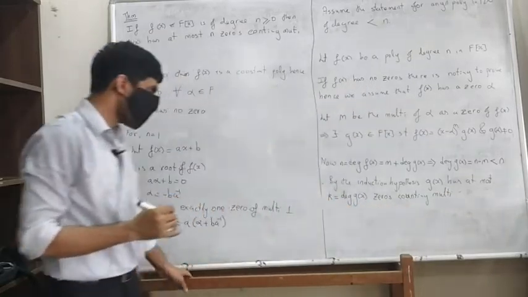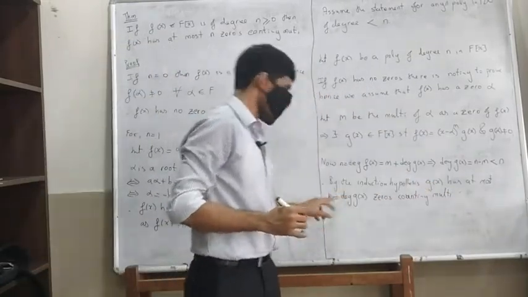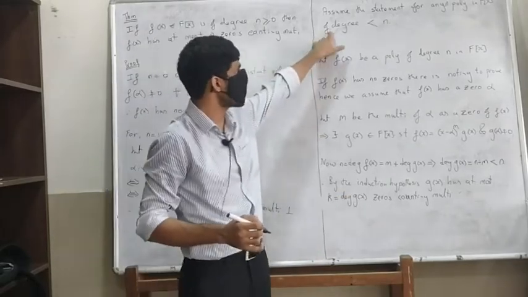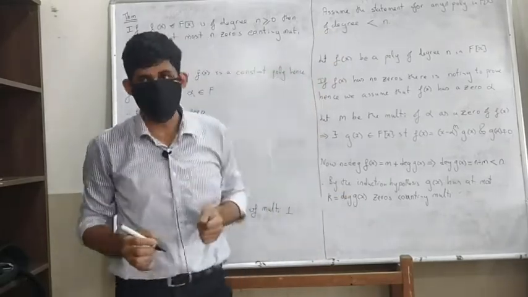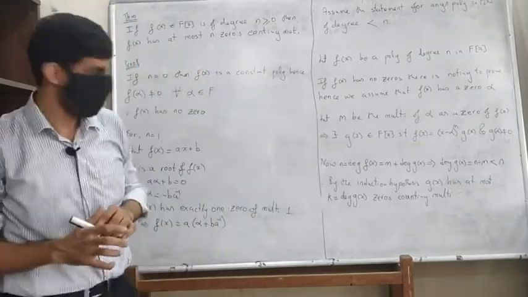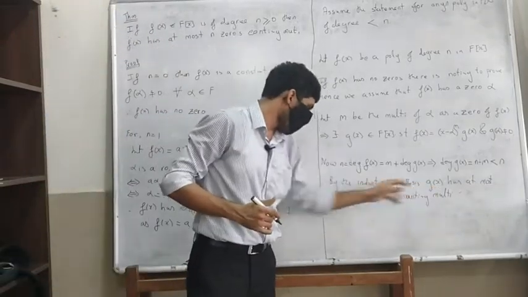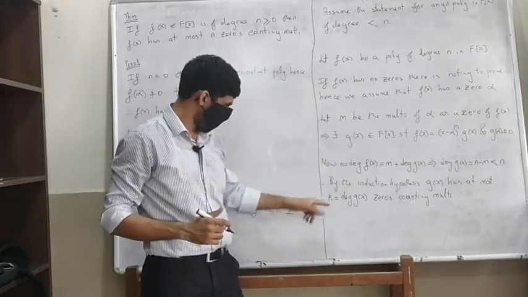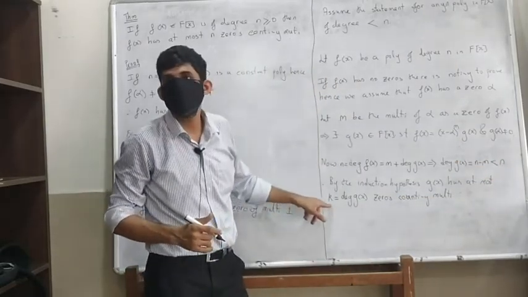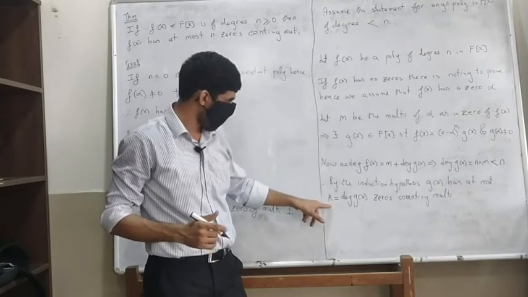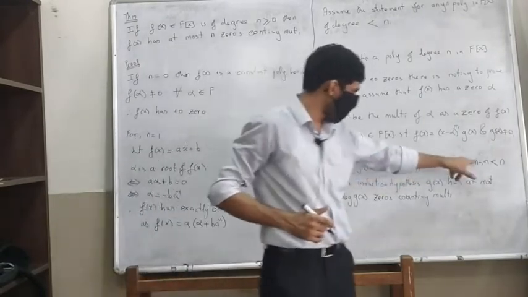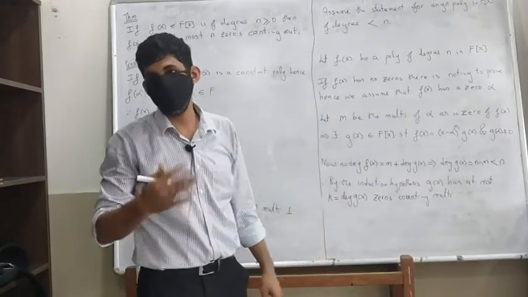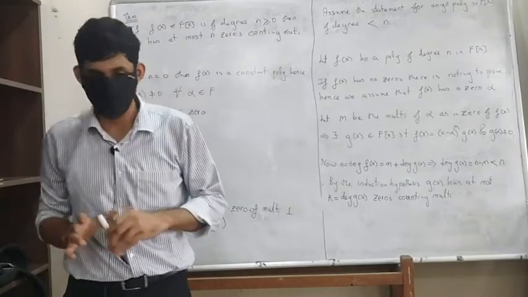So counting the multiplicities, this will have at most k zeros. This is by the induction hypothesis, because we have assumed the statement for any polynomial of degree less than n, and g of x is a polynomial of degree less than n. Yes, this is n minus m. I am just setting k to be the degree so that I can use k instead of writing degree of g of x.